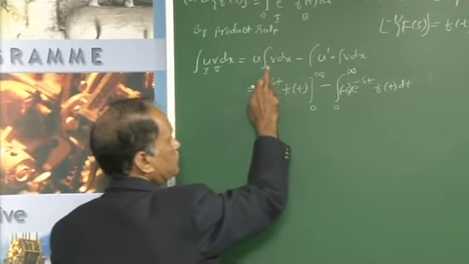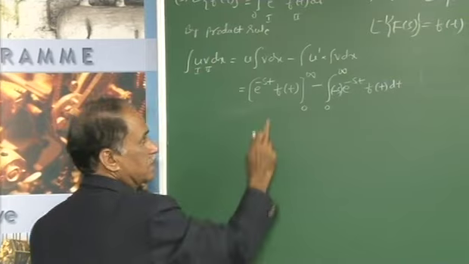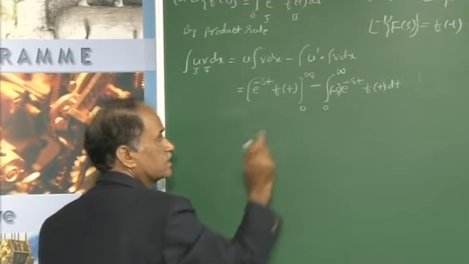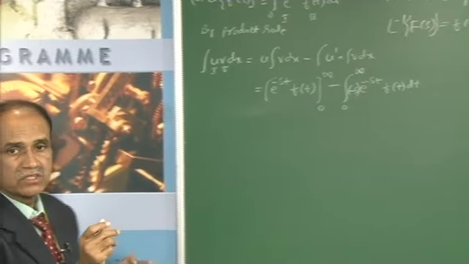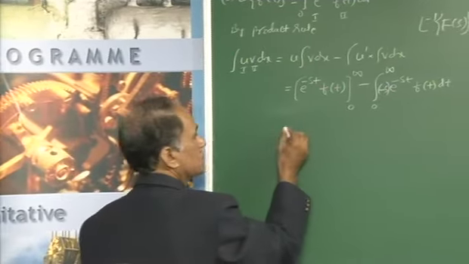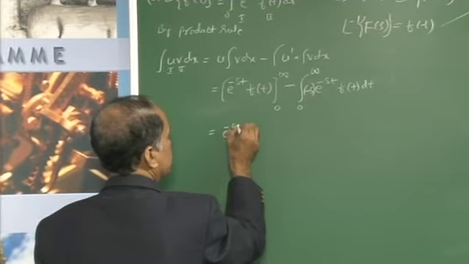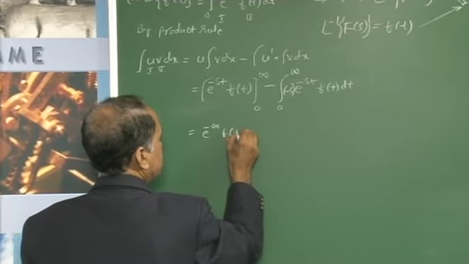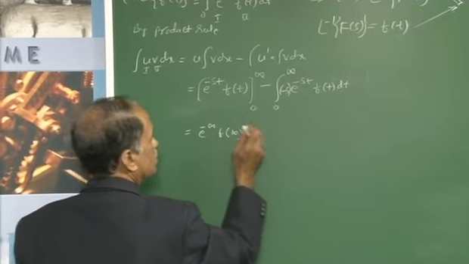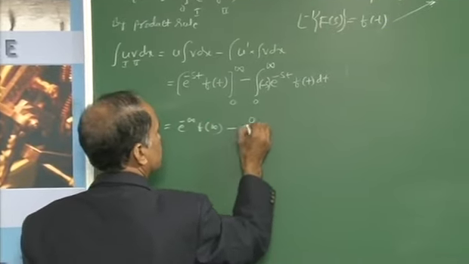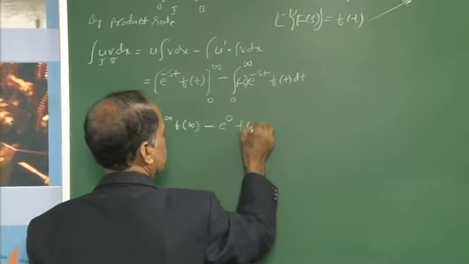This is integration by parts, and now you are going to apply the limits, and in the list of formulas that also is to be shown, like e to the power minus infinity is always 0. That is e to the power minus infinity and f of infinity minus, that is t equal to 0, that is e to the power 0 and f of 0.